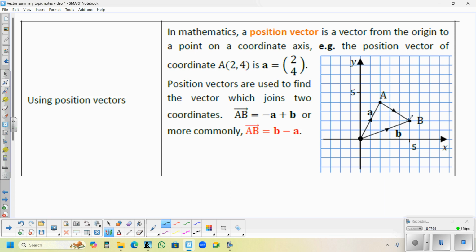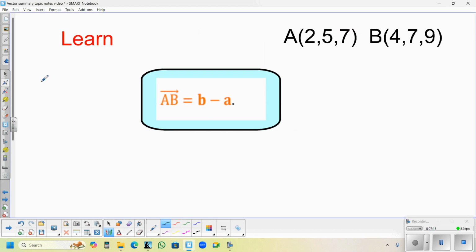So we're on AB vector. Now we can work that out because for AB vector, you take the components of small b vector and you subtract a vector. And I've put this on another page because you've got to learn this. So AB vector is basically the coordinates of B turned on their side, take away the coordinates of A turned on their side.